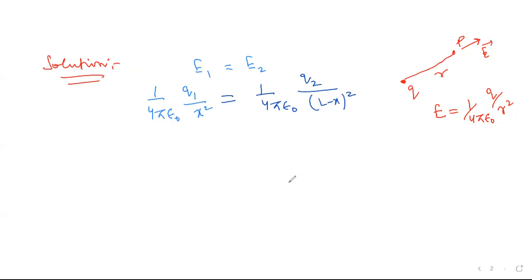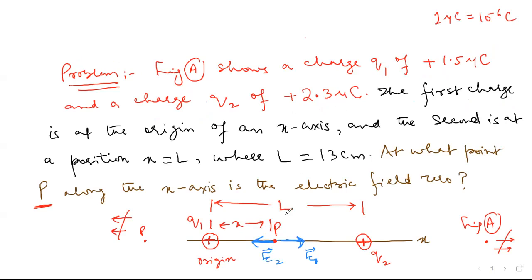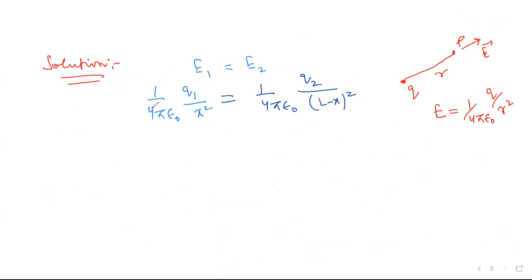Because distance of the point from Q2 is L minus x. This distance is L minus x. Right? Got it? So let us move. 1 by 4 pi epsilon naught Q1 by x squared is equal to 1 by 4 pi epsilon naught Q2 by L minus x squared. So now we have to solve for x.